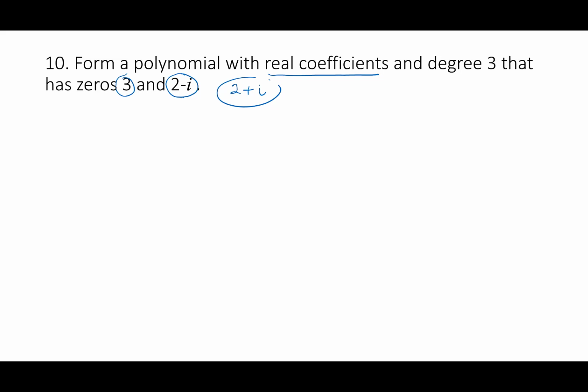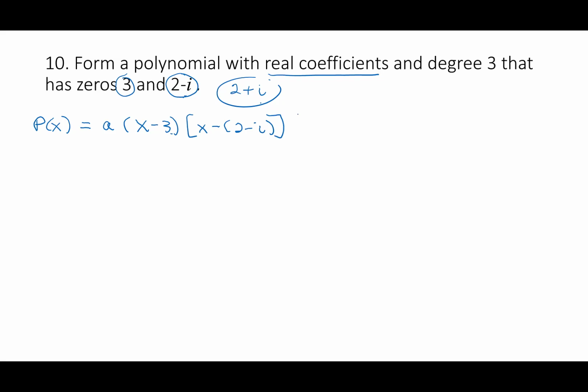Our polynomial, I'll just call it P of x. Our polynomial P of x would be some constant a times x minus 3 times, and this is how I would write this if you're solving this problem on an exam. It's a better way of getting the correct answer. If 3 is a 0, x minus 3 is a factor. If 2 minus i is a 0, x minus (2 minus i) in parentheses is a factor.